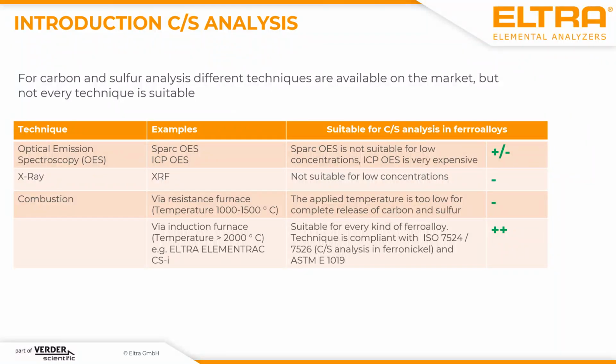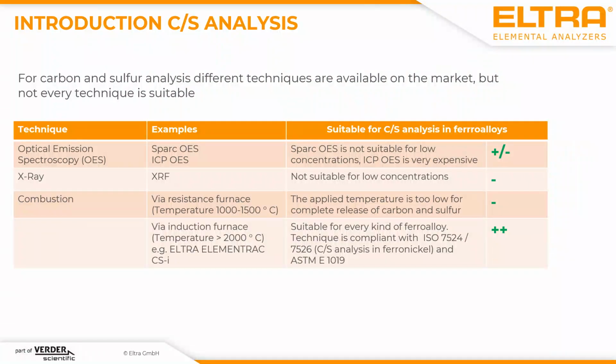In former times, combustion analysis meant that you used a resistance furnace analyzer. They just work like an oven where you put in your sample at temperatures of about 1000 or 1500 degrees, you combust your sample and measure carbon and sulfur.